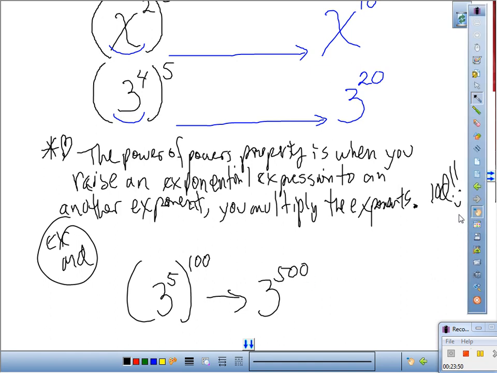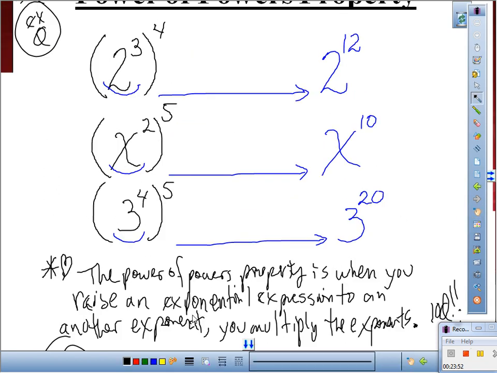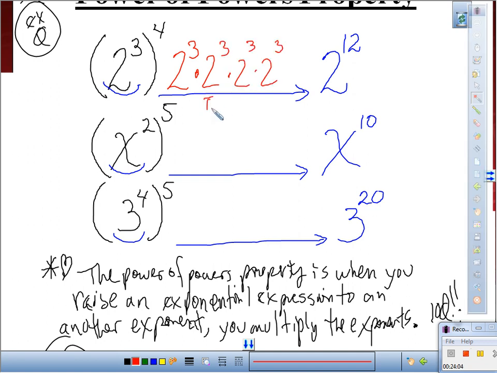All right, so now why does it work? Look up to the screen. Check this out. 2 to the 3rd, it says we do it how many times? 4. 2 to the 3rd, 2 to the 3rd, 2 to the 3rd. This is what we call factored form. Now look, can we use yesterday's property, product of powers? Are they the same base?